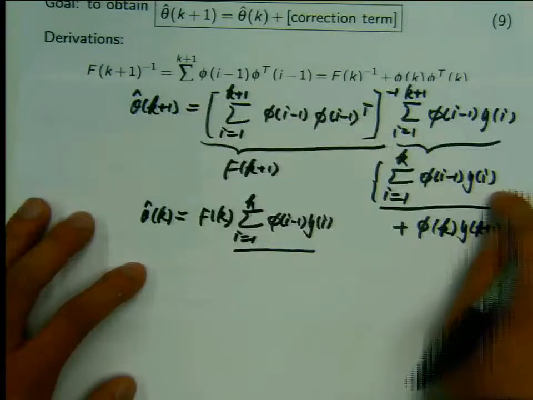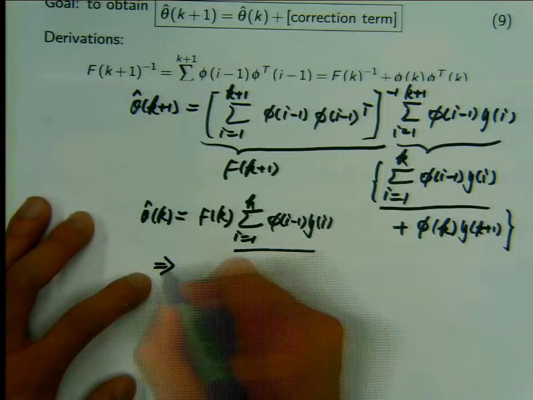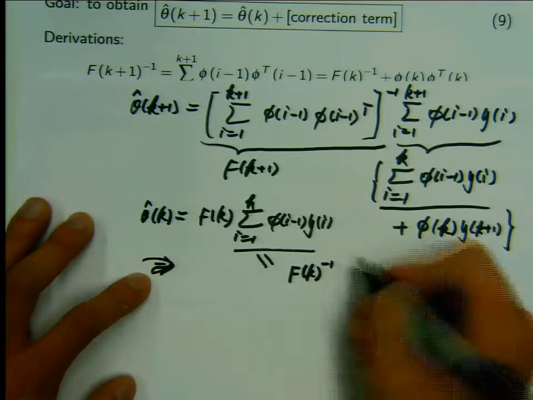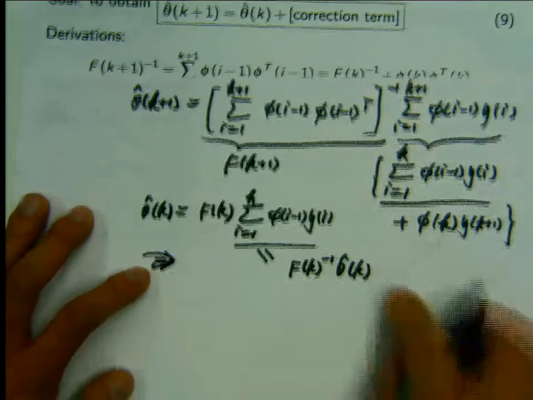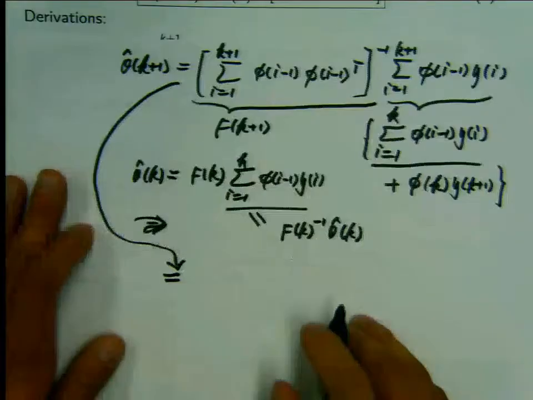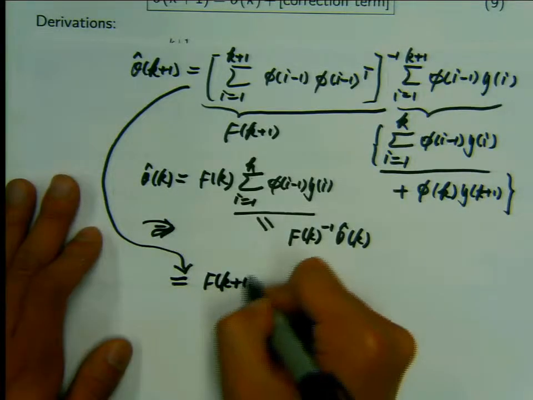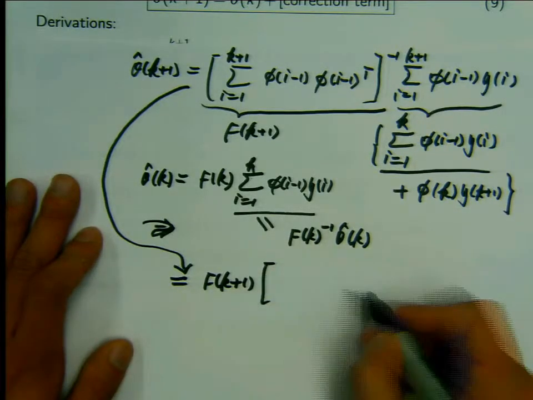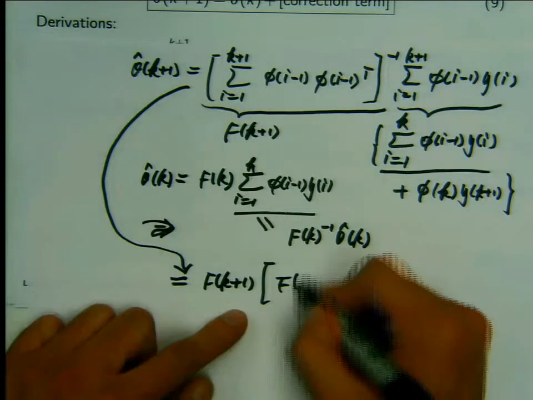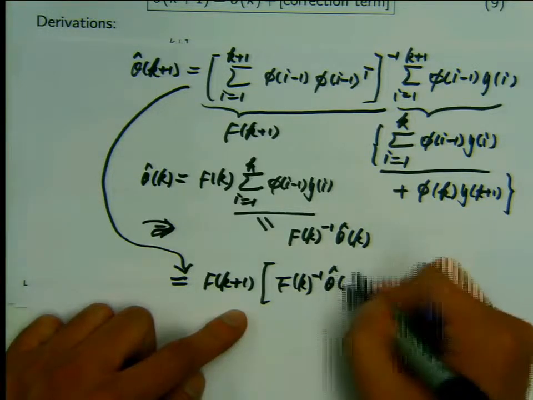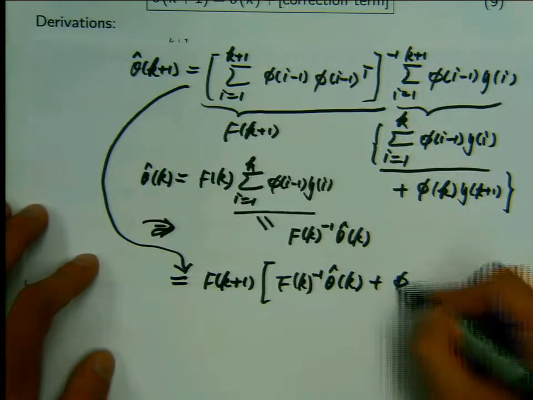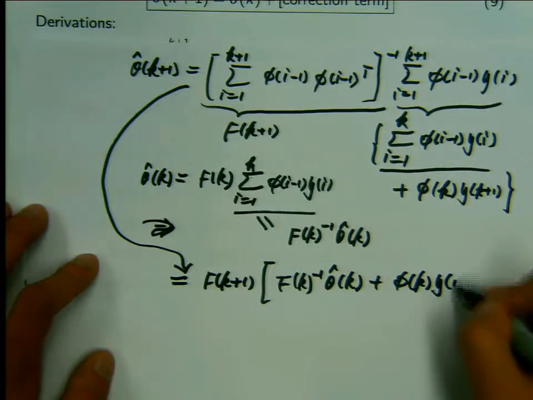So I can write this as F k inverse theta hat k. Putting it here, we get F k plus 1 times F k inverse theta hat k plus phi k y k plus 1.